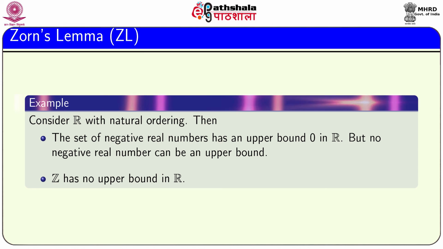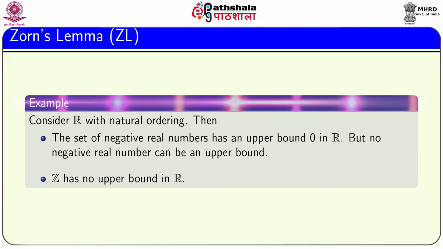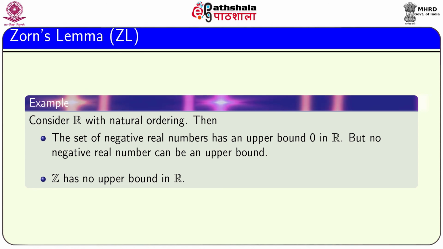Consider an example. We start with the set of real numbers R with natural ordering. Then the set of negative real numbers has an upper bound 0 in R. That means we are getting a number 0 which serves as an upper bound of the set of negative real numbers, but that particular element 0 is not included in the set of negative real numbers.